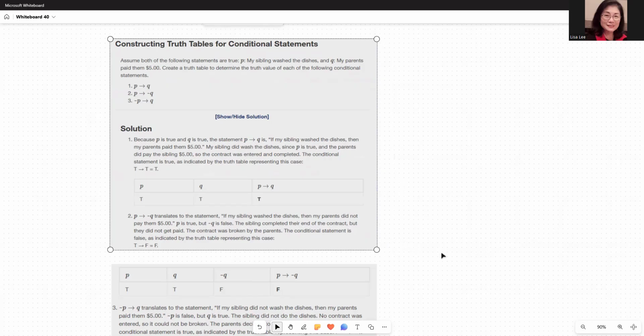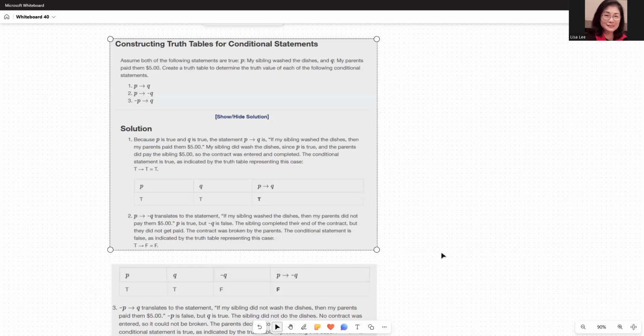Because P is true and Q is true, the statement P implies Q is: if my sibling washed the dishes, then my parents paid them $5. So P is true and the parents paid the sibling $5.